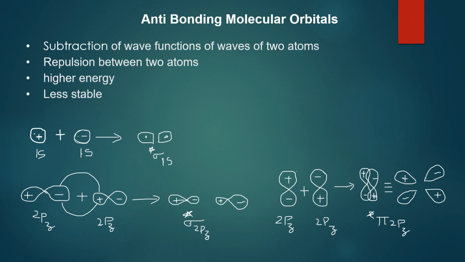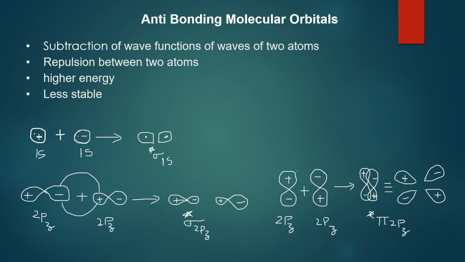In the first picture, the 1s atomic orbital with a positive sign overlaps with another 1s atomic orbital carrying a negative sign to form a sigma star 1s anti-bonding molecular orbital. Due to the repulsive forces between these two atoms, they are far away from each other, which results in the sigma star 1s anti-bonding molecular orbital.